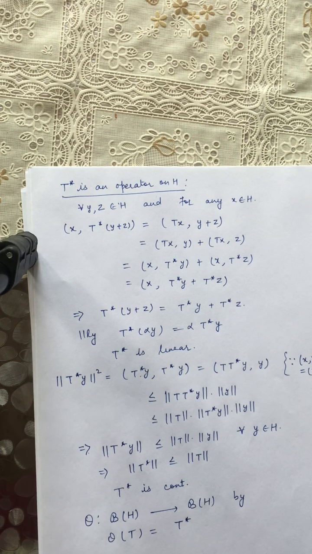So this is an operator on H. So this mapping is called the adjoint operation. Now we can write the definition: this theta defined by this is called the adjoint operation on B(H).